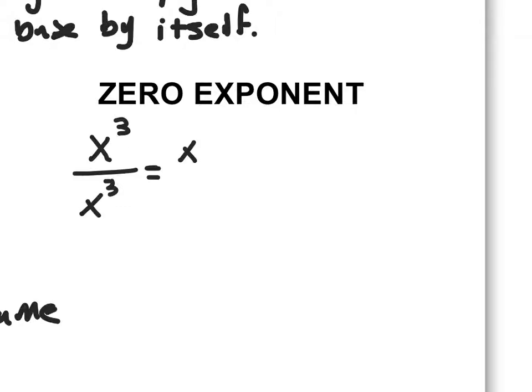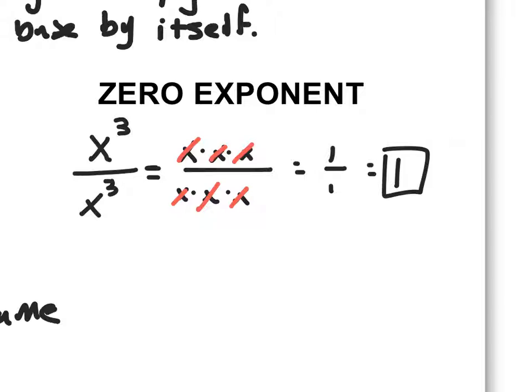When we multiply these out, x times x times x divided by x times x times x, then my x's are going to divide out. x over x is 1, x over x is 1. So you're left with 1 divided by 1, which is equal to 1. Something divided by itself is always just going to give you 1.